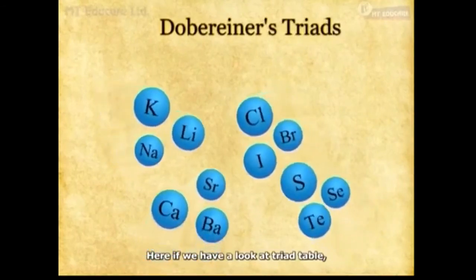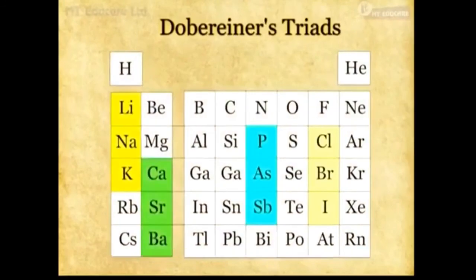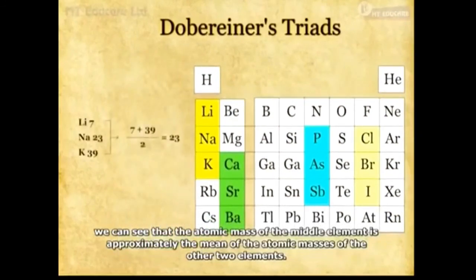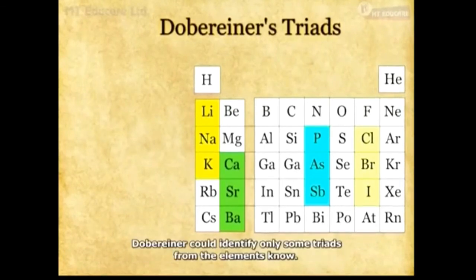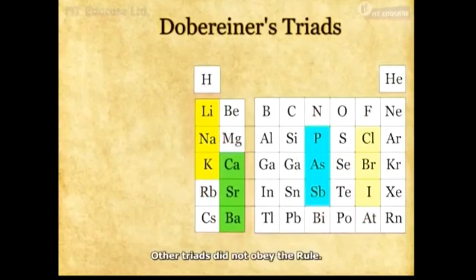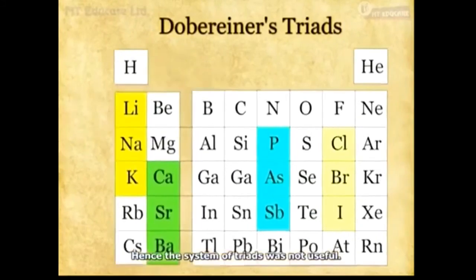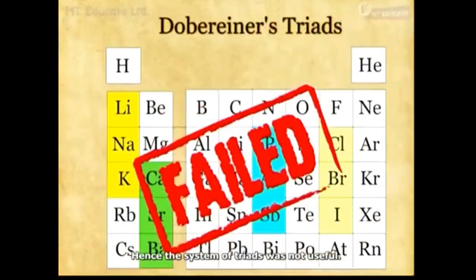Here, if we have a look at the triad table, we can see that the atomic mass of the middle element is approximately the mean of the atomic masses of the other 2 elements. As this classification was a primitive step, Dobereiner could identify only some triads from the elements known. Other triads did not obey the rule. Hence, the system of triads was not useful.